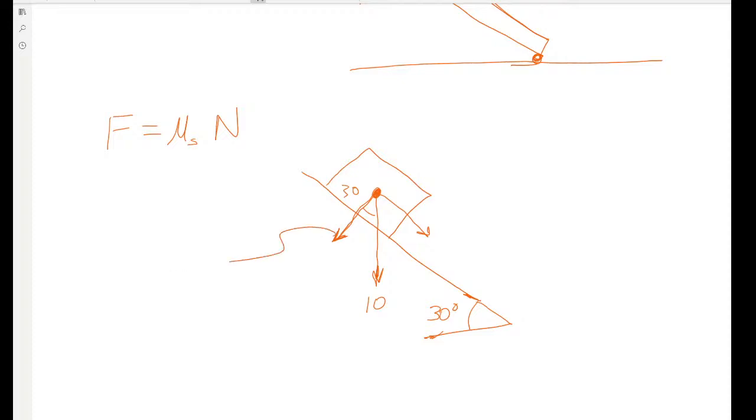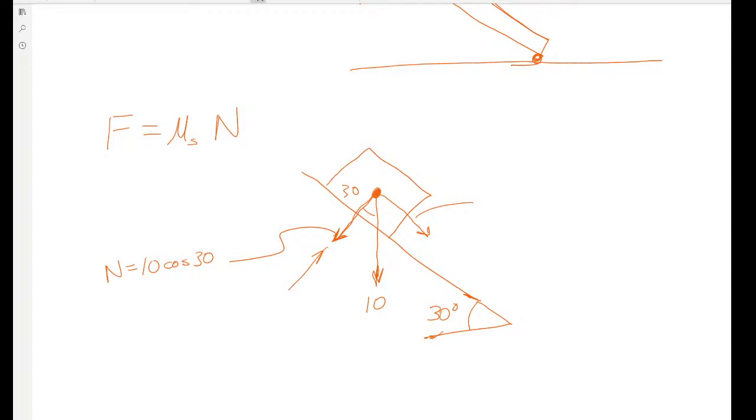So this becomes the normal force. Your normal force becomes 10 times cosine of 30. I'm having to write slower than normal because for some reason it's having trouble keeping up.